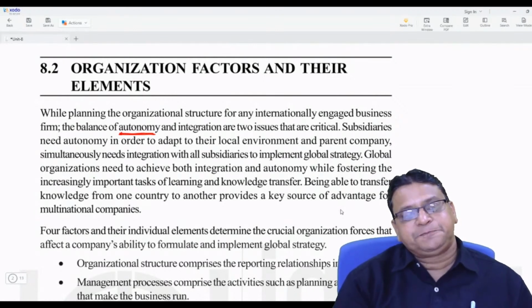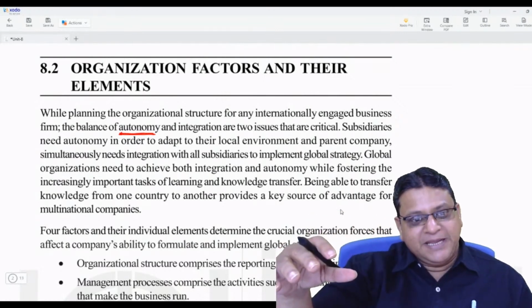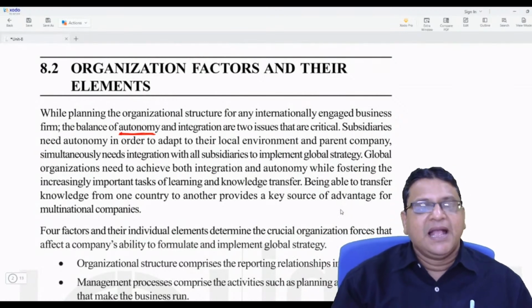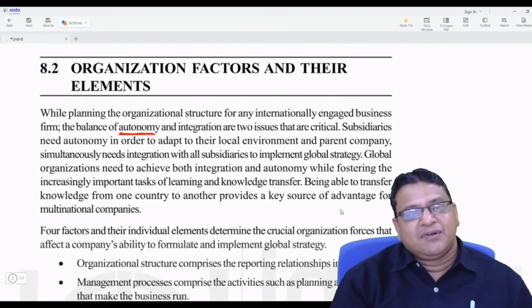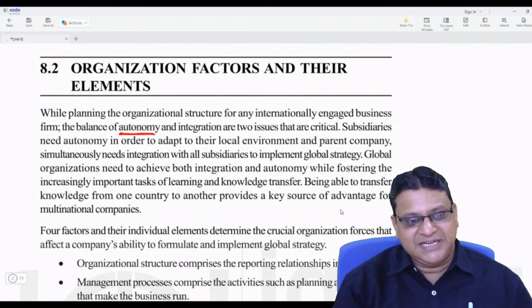Parent child model. There is a headquarter, there is a holding company. Let's take an example. Pepsi USA is the holding company, and it has around 180 subsidiary companies. In India, there is Pepsi India.